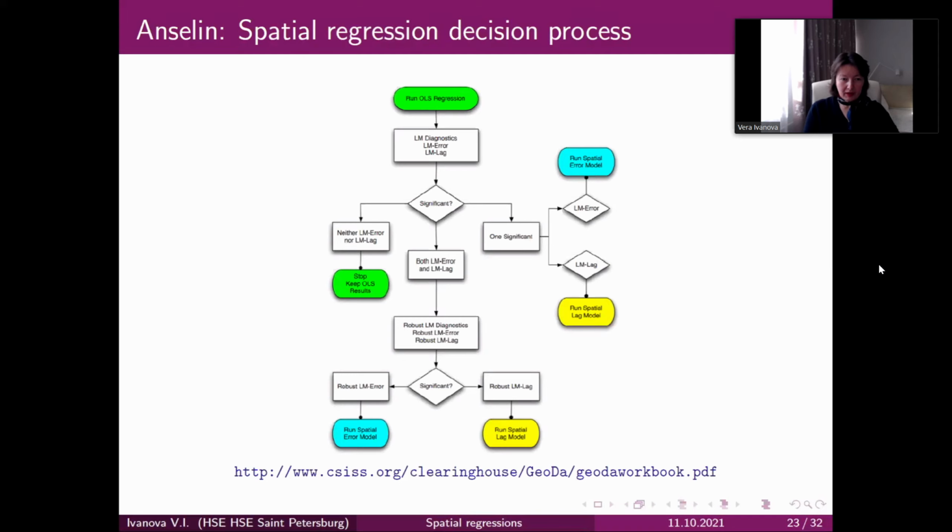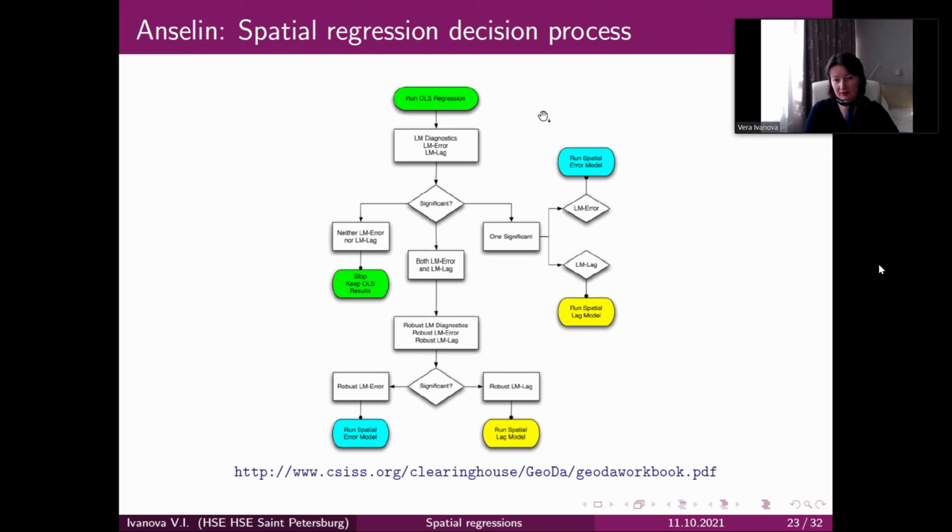The second way to choose the right spatial regression is based on diagnostic tests. First, we start from the non-spatial linear regression model.